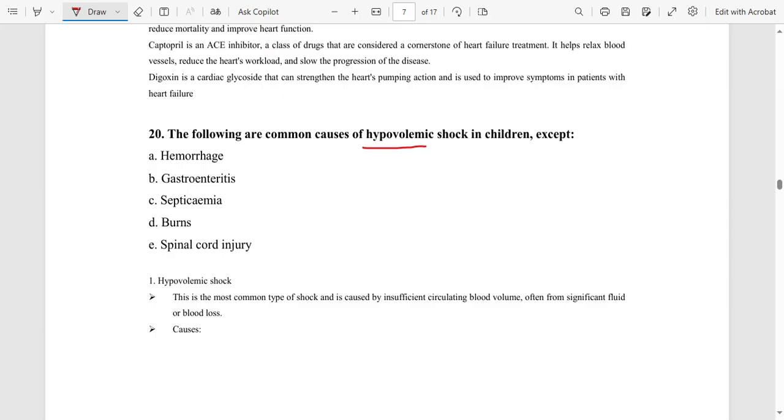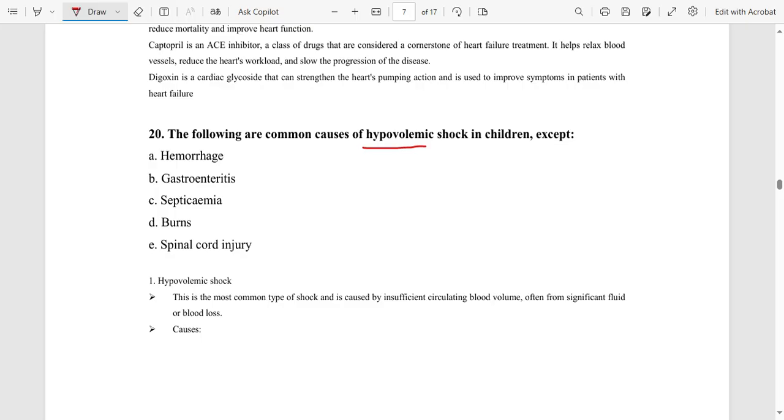For spinal injury, also, we can think of it because spinal injury is going to result in neurologic shock, which is again a type of distributive shock, which falls in the same category as septic shock.